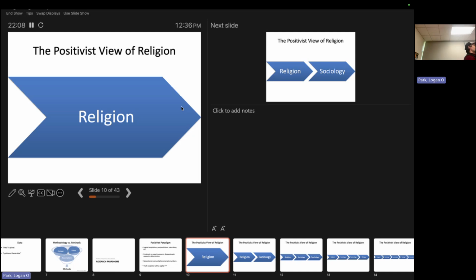And neurons firing in a brain is just an expression of bioelectric reactions and processes in the brain, synapses, and movement across the forebrain, and reducing it all down to atoms and physics. Okay, so positivist view of religion.